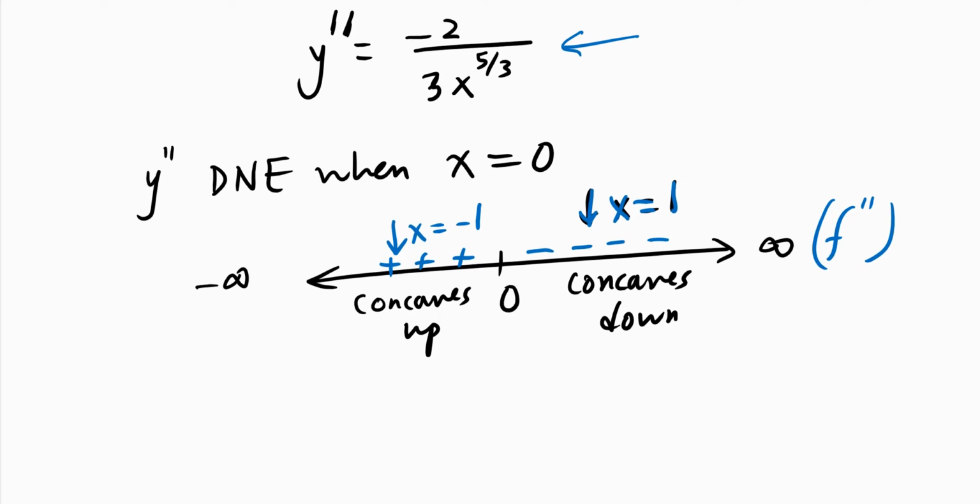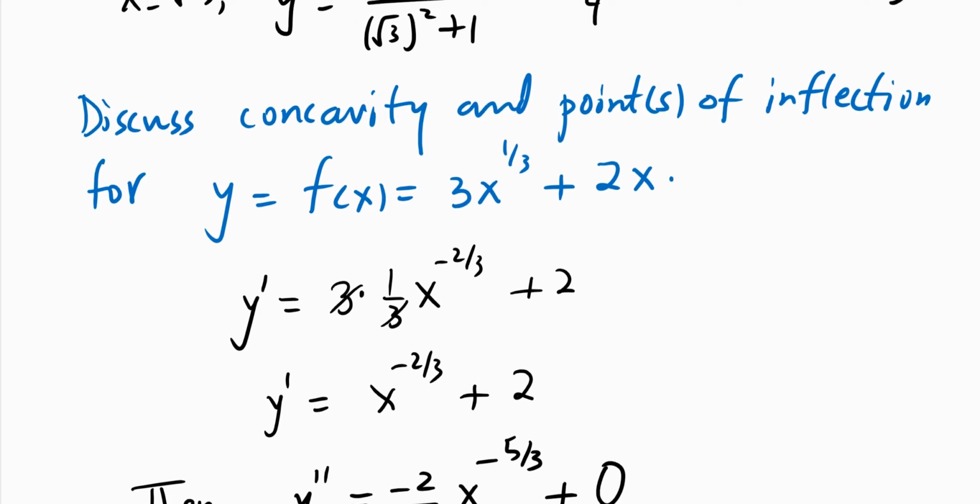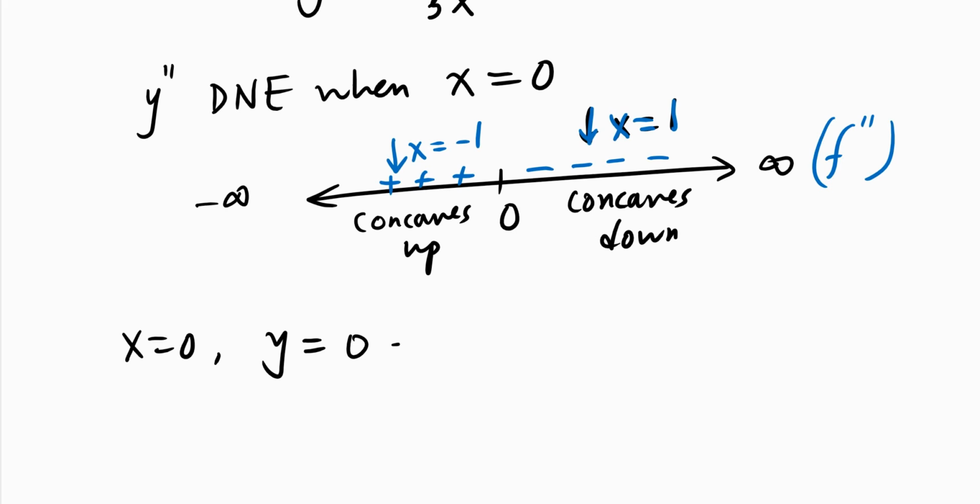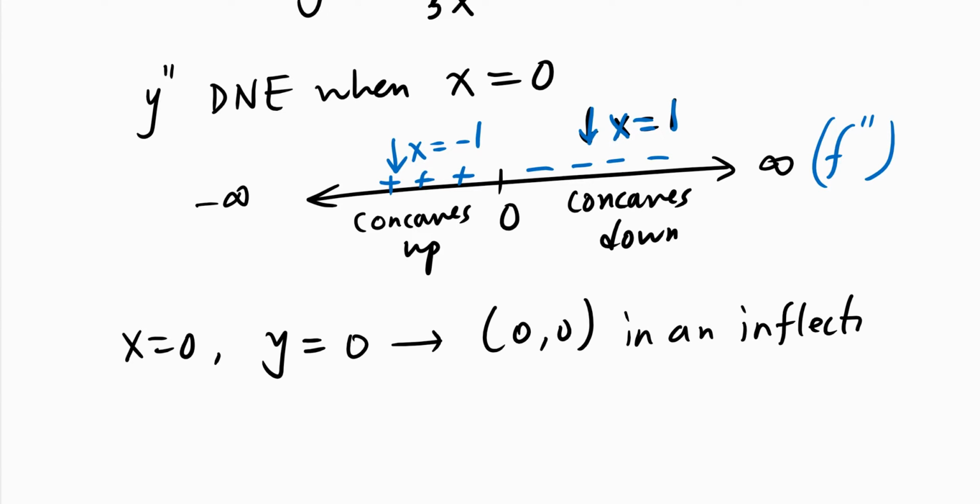So here we have when x is 0, substitute into the original function, you're going to get 0 plus 0, 0. So this point 0, 0, where the graph changes concavity, is an inflection point.